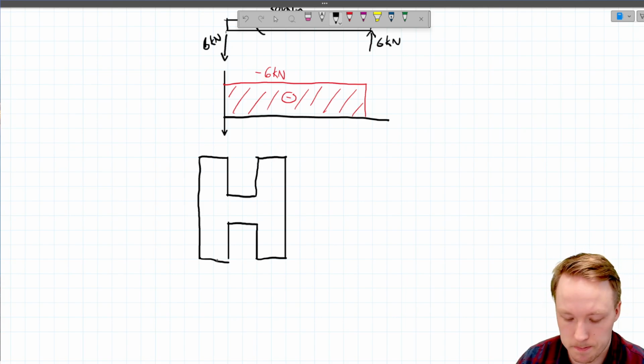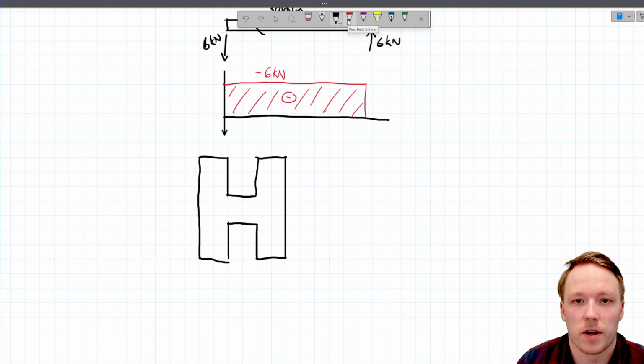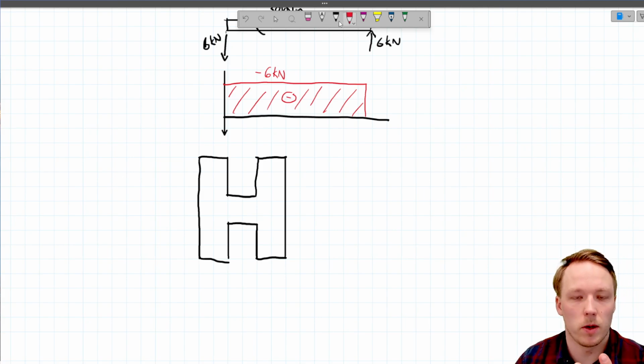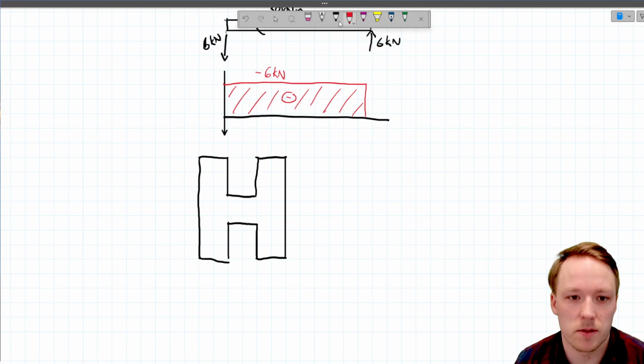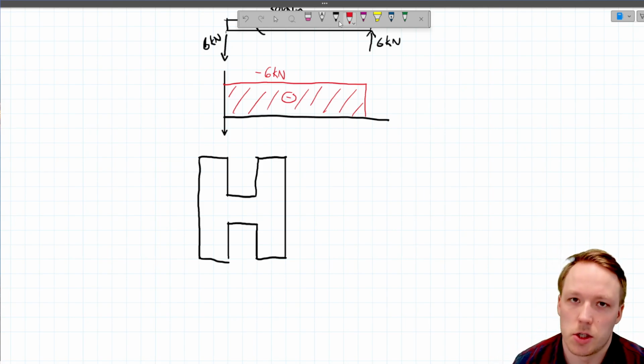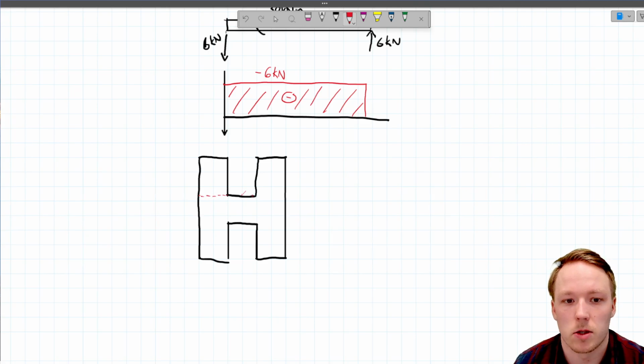It's like this. Now there are two different ways you can calculate the second moment of inertia for this profile. You remember I just explained to you briefly some time ago how to calculate it using the subtraction method. We're going to do it both ways. So let's start by doing the Steiner method, the parallel axis theorem method.